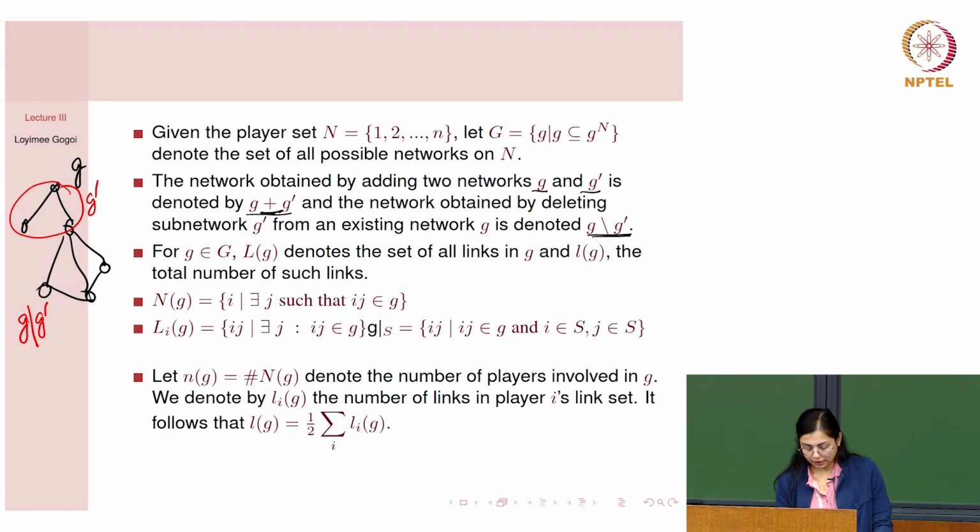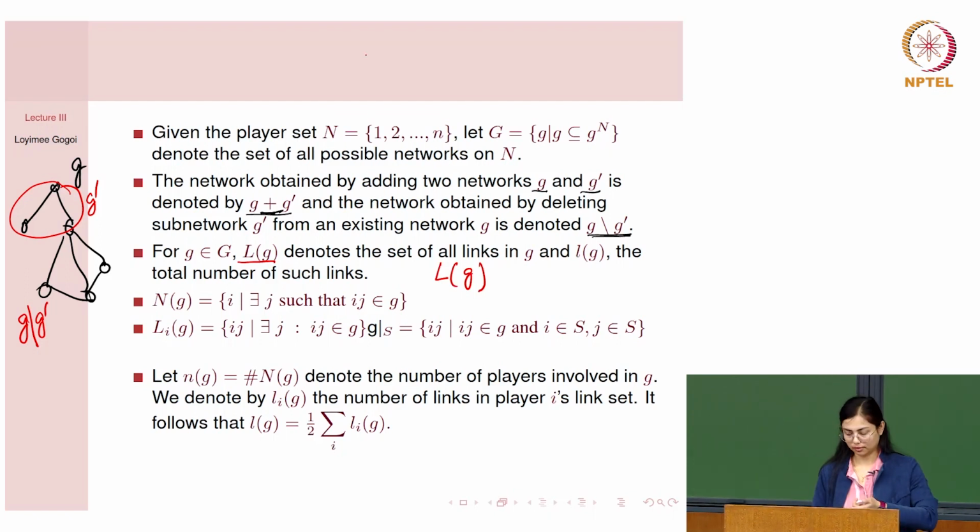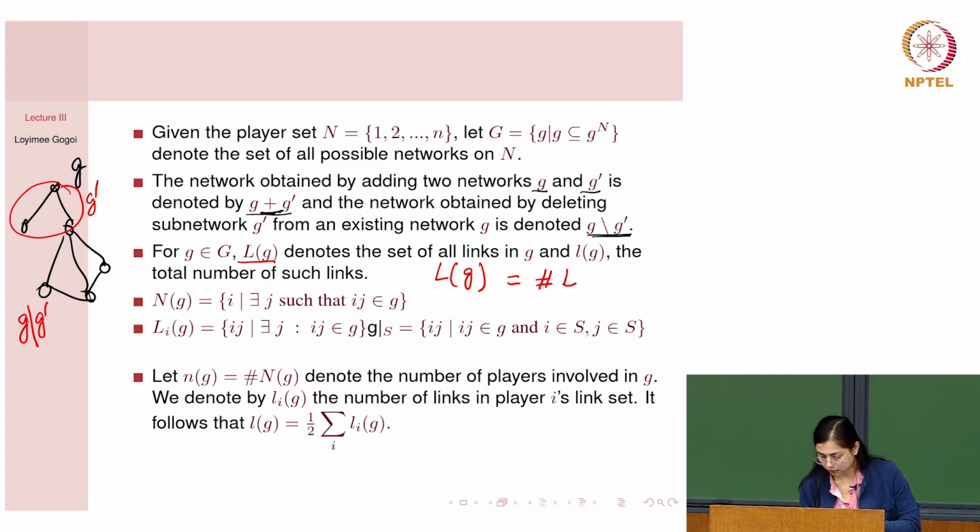Okay, and L of G is the set of all links in G, and the cardinality of L of G, the set of all links in G, is simply the small l of G. And what is N of G?